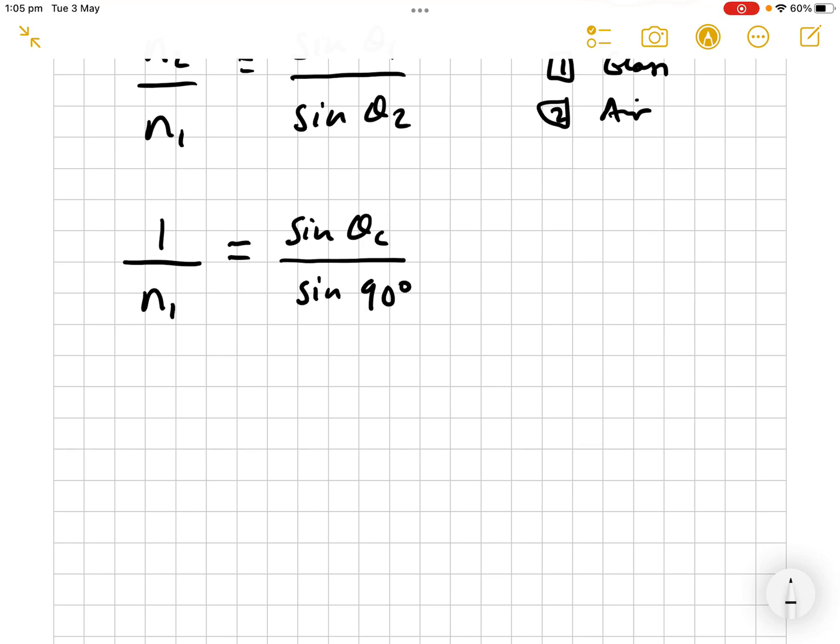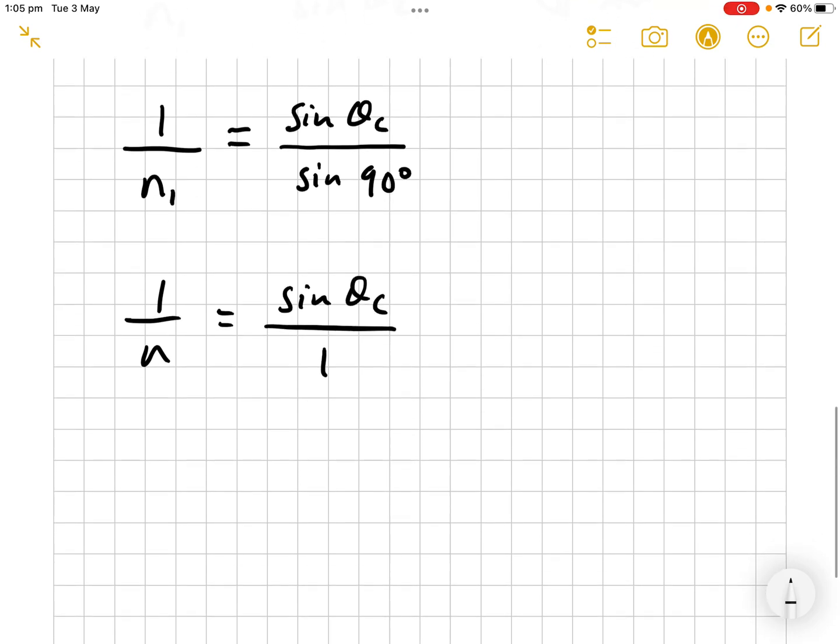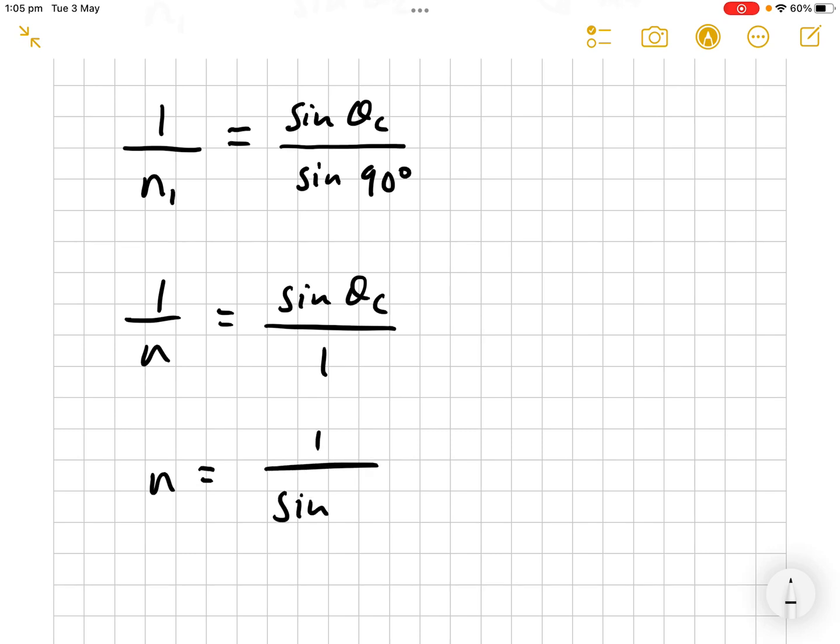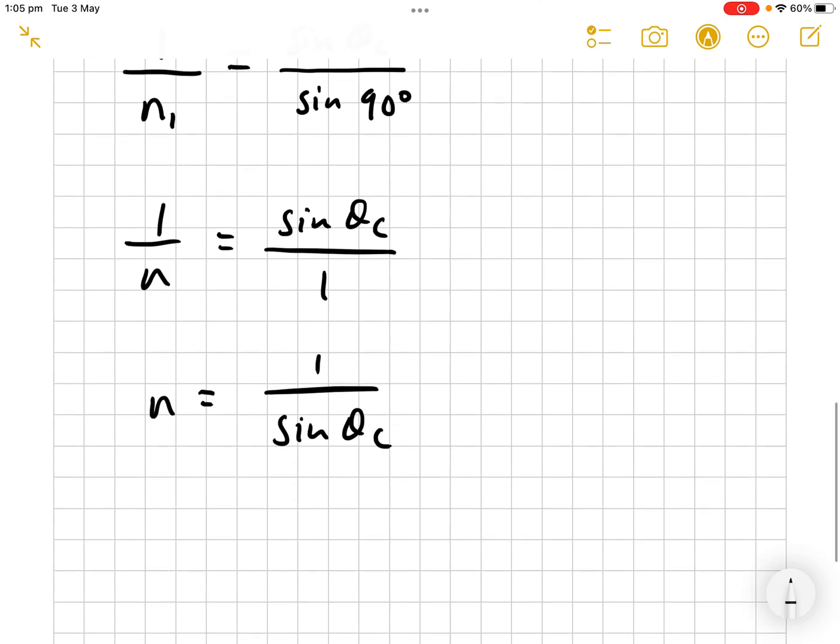I'm going to drop the 1 next to the n now, because we know that the n refers to the glass. So 1 over n is sine of theta critical. Well, the sine of 90 is 1. So basically, what we're saying there is that n is 1 over sine theta critical.